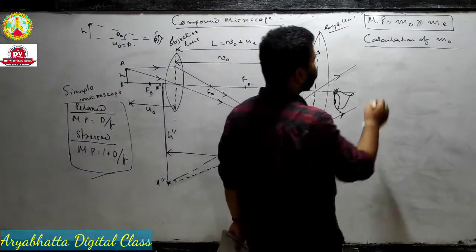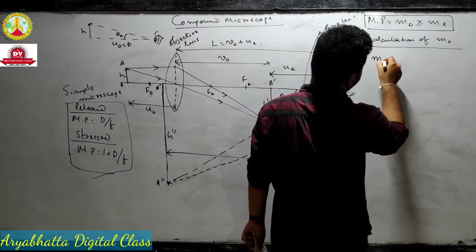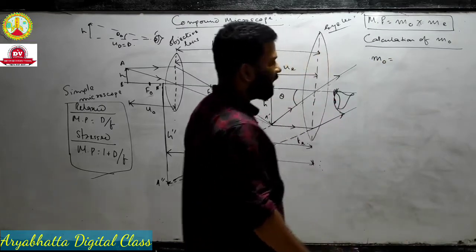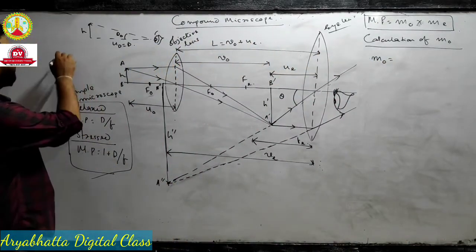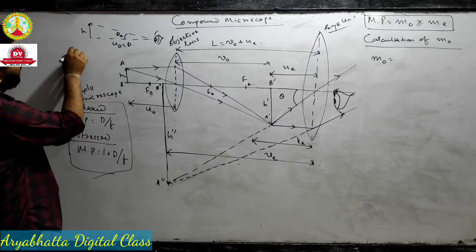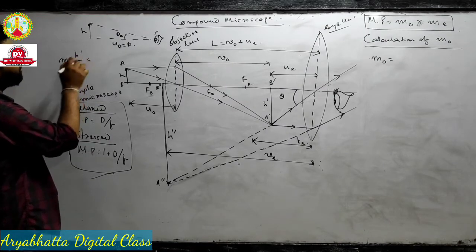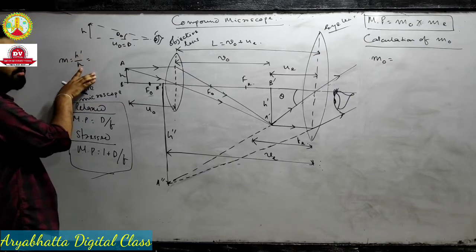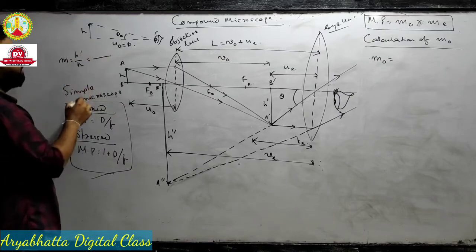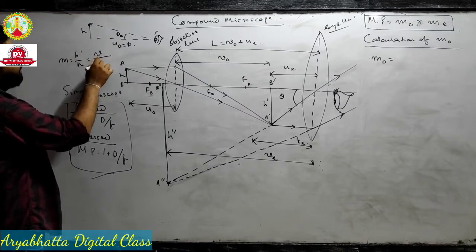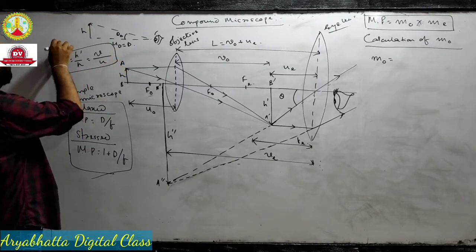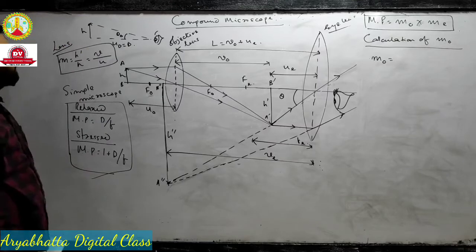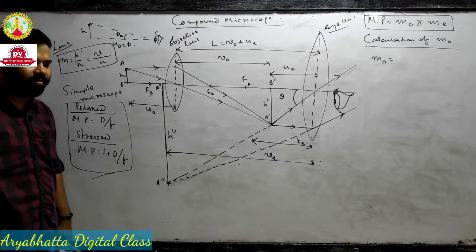What is the formula of lens magnification? For a lens the formula is M equal to H dash by H, meaning height of the image by height of the object, equal to V divided by U. I think you have remembered this formula also.